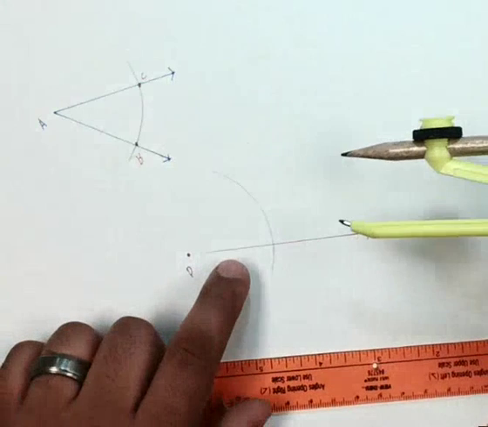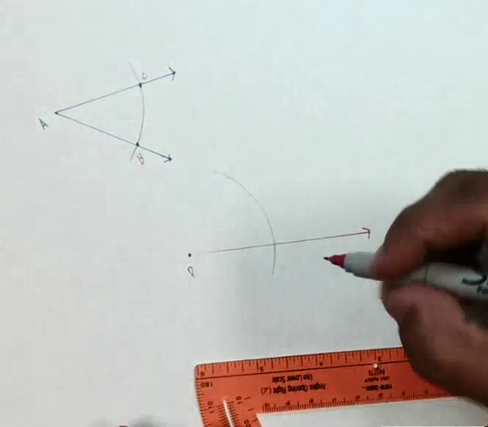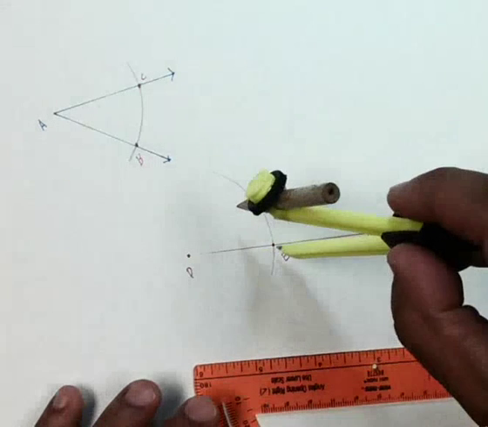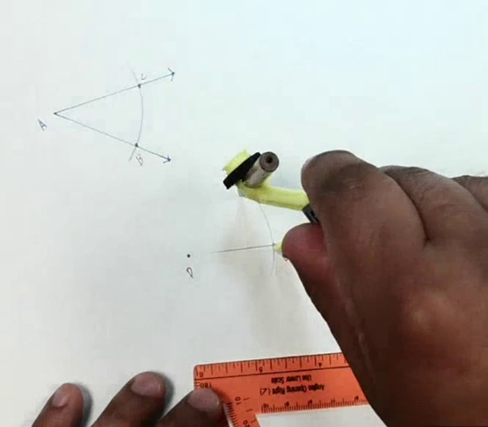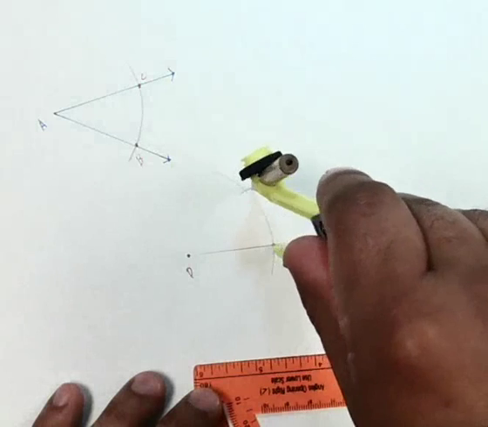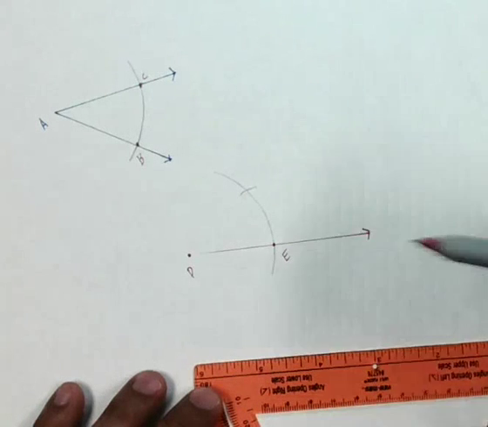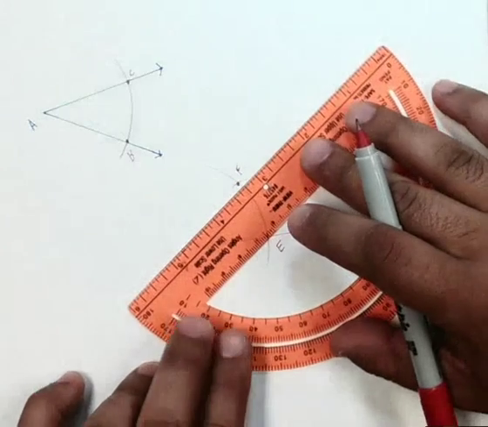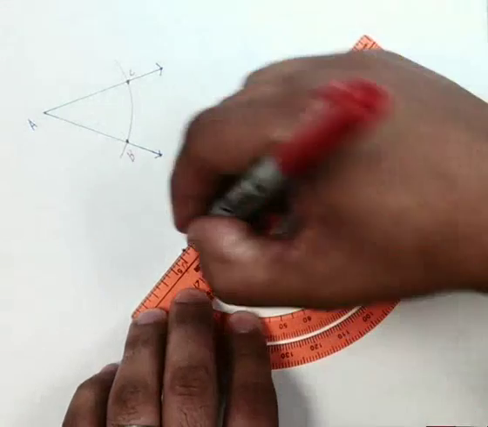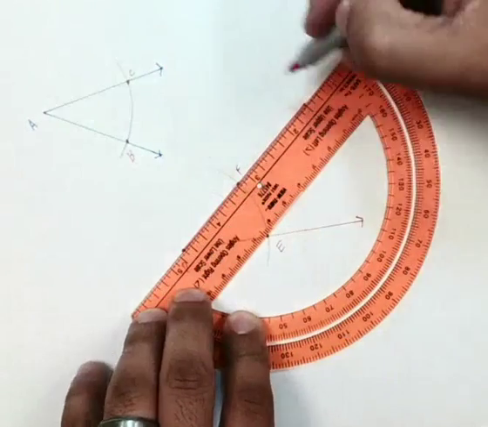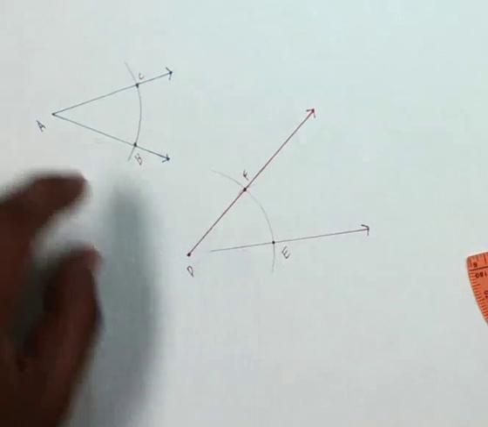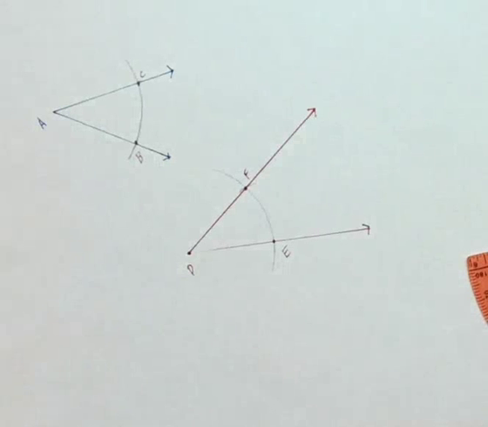Then I'm going to take this intersection, we'll call this new point E, and make a small arc here so that there's an intersection there. We'll call that point F. Then if I connect point D to point F and make a ray out of it, I have an angle that is the exact same angle measure as this angle A. And so we can check that.